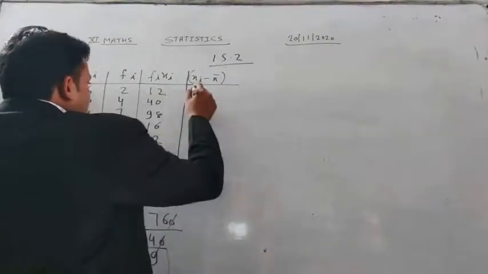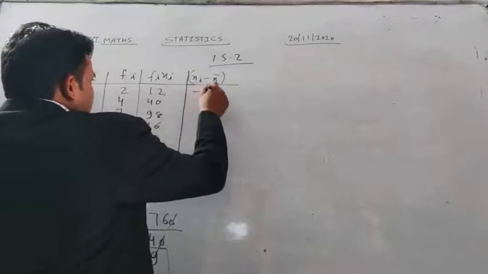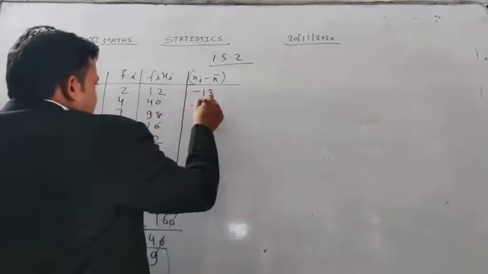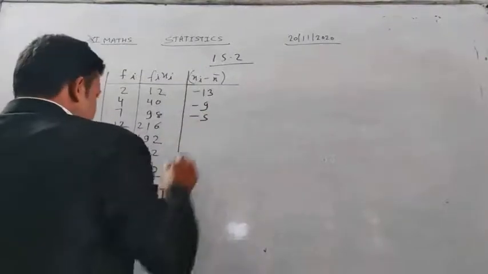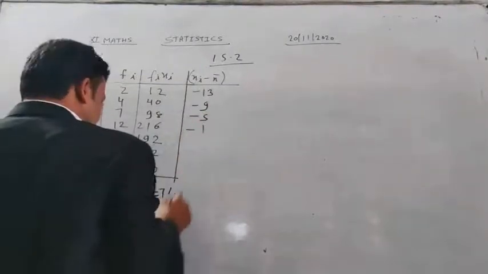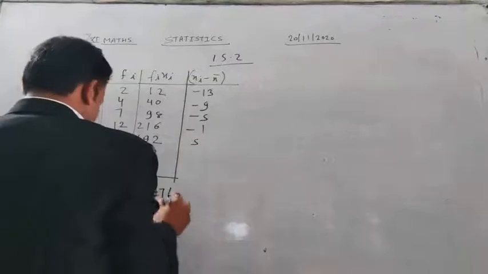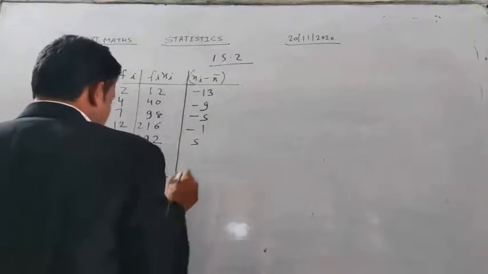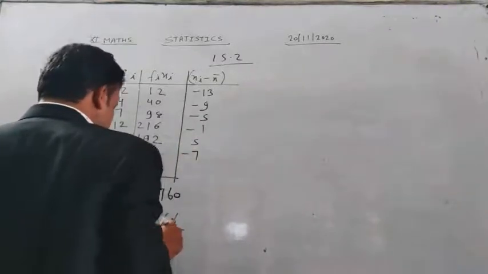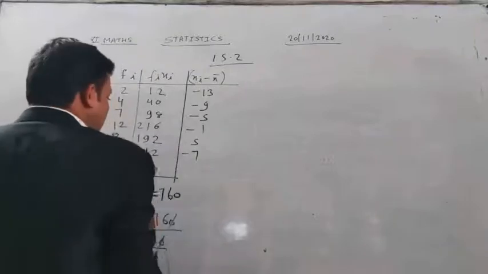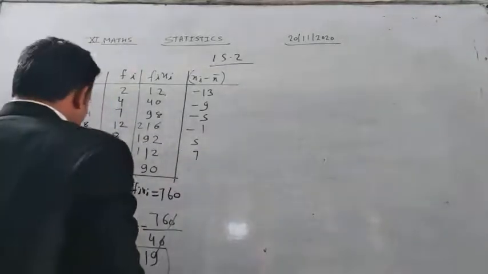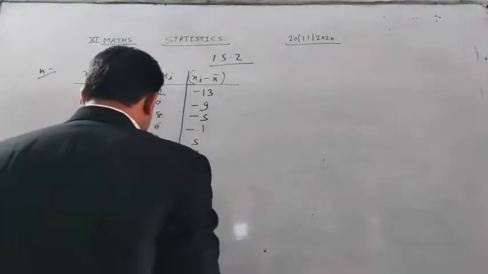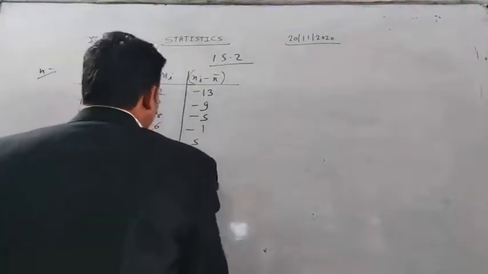So it will be minus 13, 10 minus 19 is minus 9, 14 minus 19 is minus 5, minus 1, 5, 28 minus 19 is 9, and 30, sorry, so 30 minus 19 will be 11.